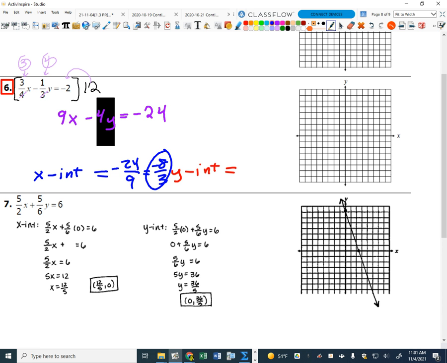Okay. So I can draw my x-intercept. Negative 8 thirds is what? Negative 2 2/3. So I'll go back. 1, 2 2/3 is right about there. How about the y? I'm going to cover up the x term now. Negative 4y equals negative 24. I divide negative 24 by negative 4, and I just get 6, right?